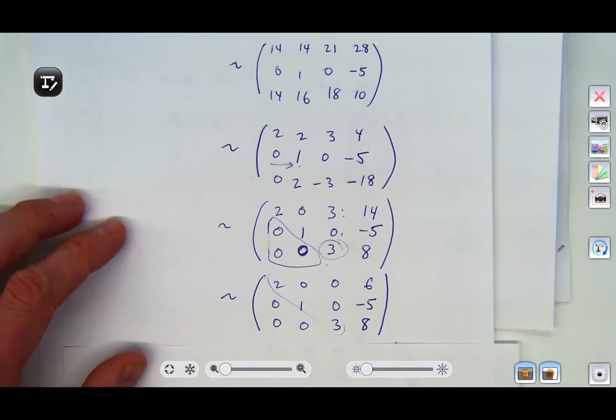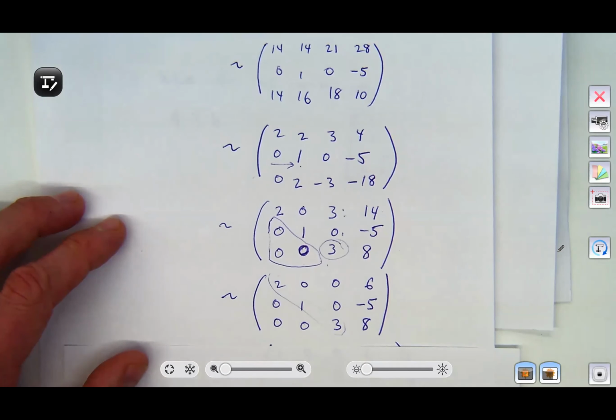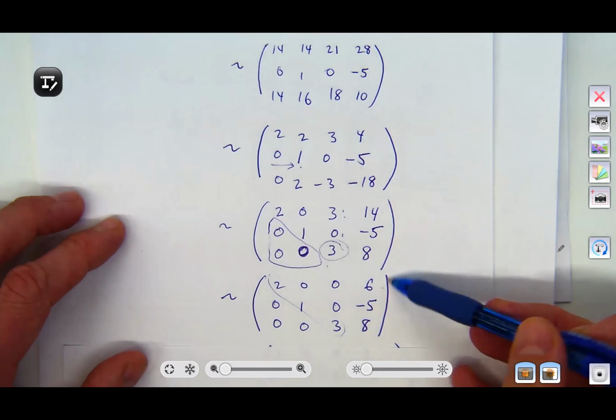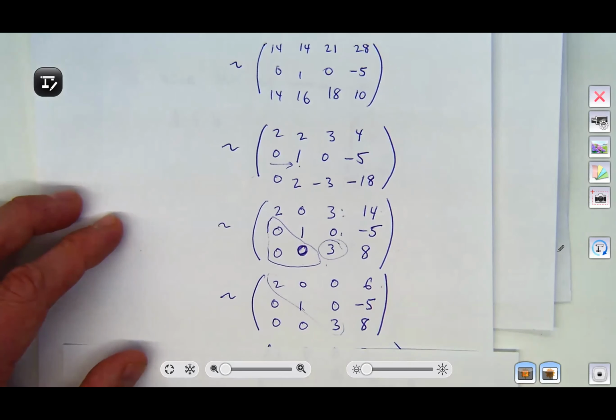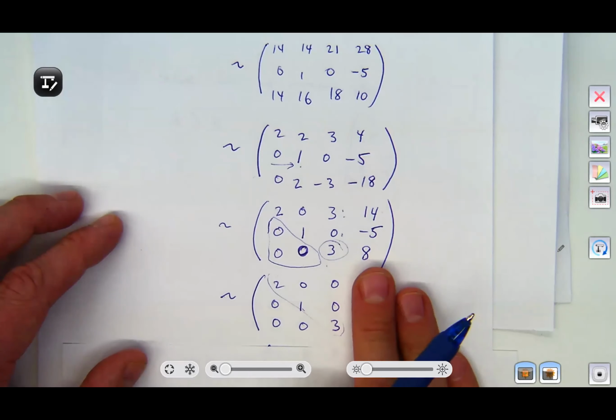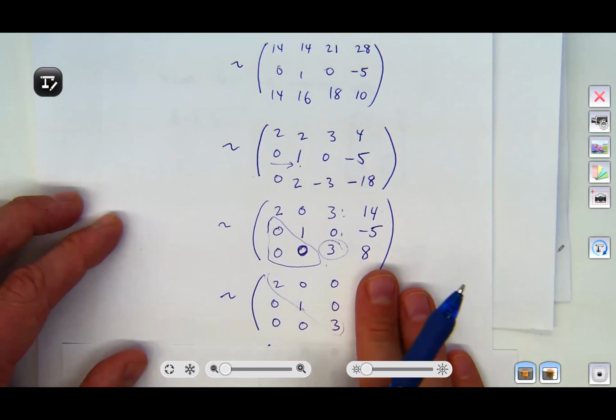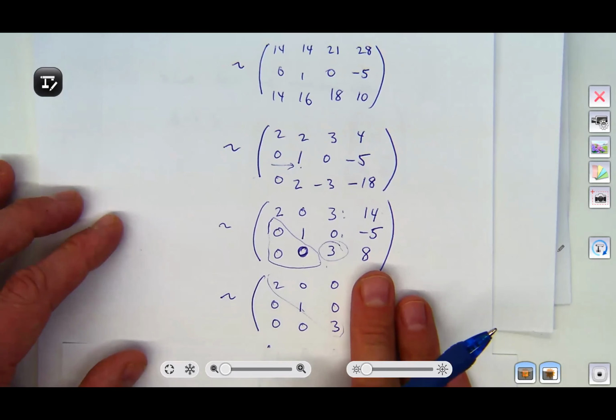And then we're pretty much there, right? All we have to do next is divide, okay? So we've maintained integers so far, right? We have a 6 up here, so 2006. And then we have a 1 there, a 3 there. So if we divide so that our pivots are now equal to 1, we will be done, right? Because now this matrix here, when I cover up the last column, looks a lot like the identity matrix.